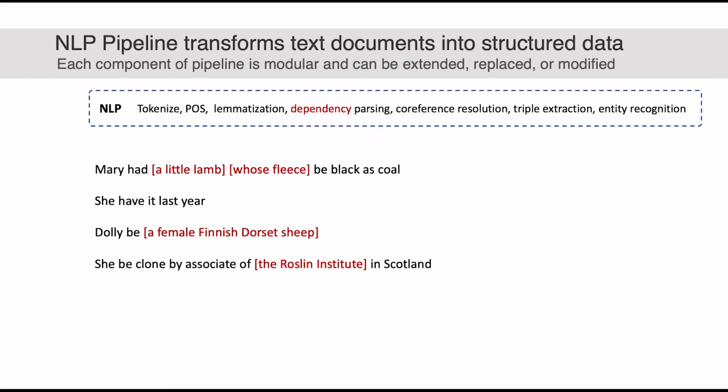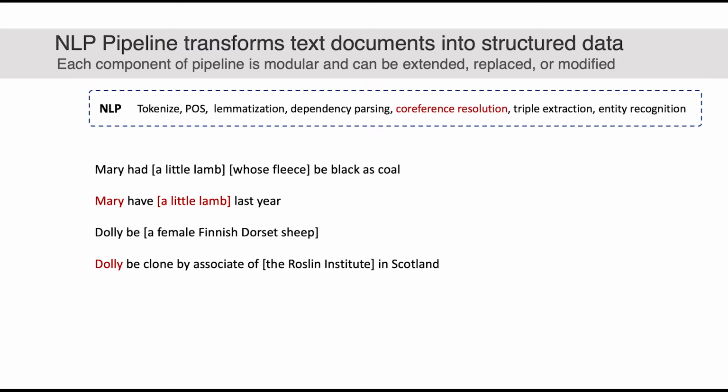The a and little are very tightly related because they're descriptors of the lamb. And the same applies to whose and fleece. So the process of dependency parsing in NLP is sort of treating these as one semantic object. You sort of are bringing them together so that you interpret them together.